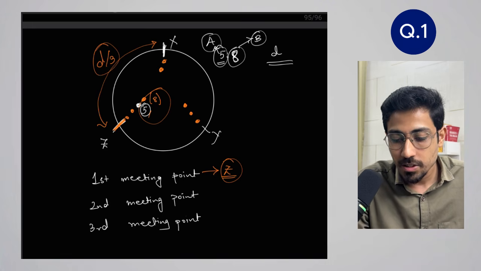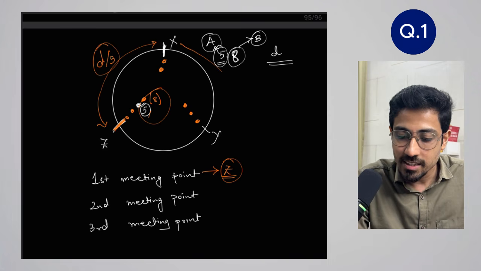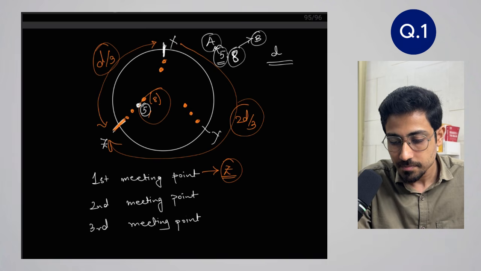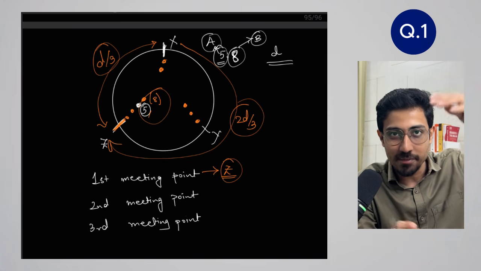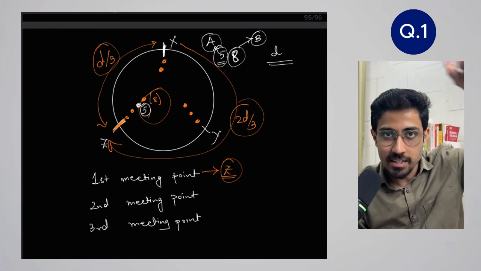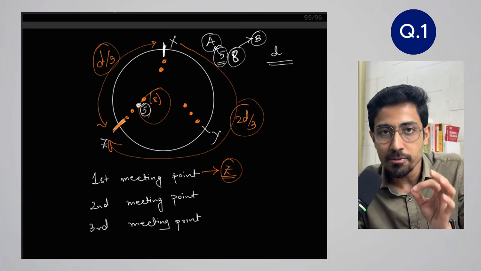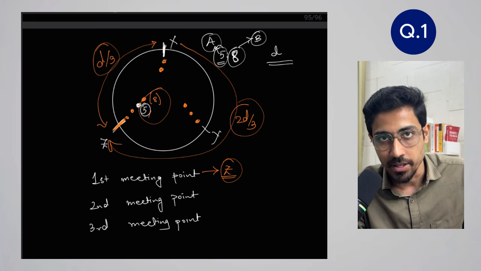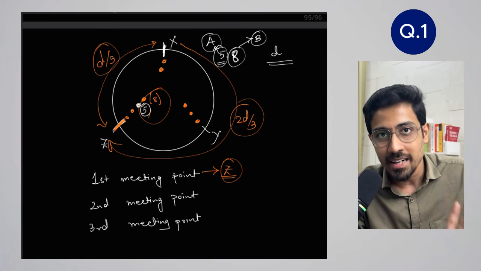Or you can say, if I ask in the same direction in which they are running, then the distance will be 2d by 3. But you also have to understand that in a circular path I can also measure anti-clockwise. So if I ask how far A and B are from the starting point when they meet for the first time, the answer will be d by 3 if the CAT asks you this question.